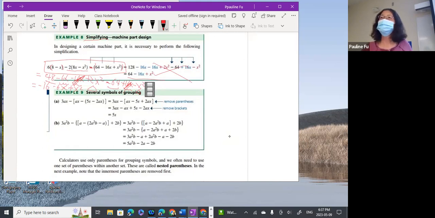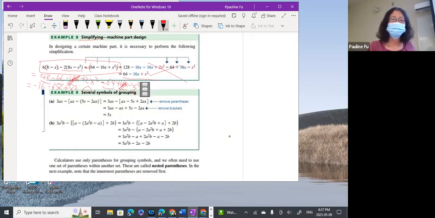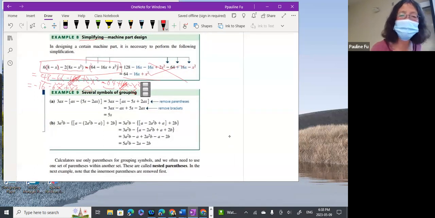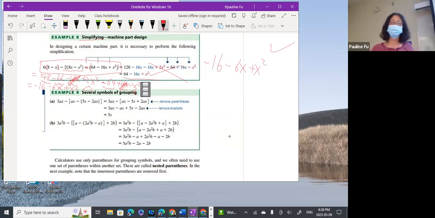So do not 100% trust the textbook. There is a mistake. So the correct answer should be negative 16. Do this by yourself to see if you can come up with this one. This is the correct answer.